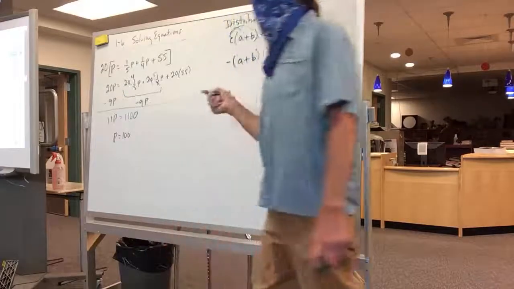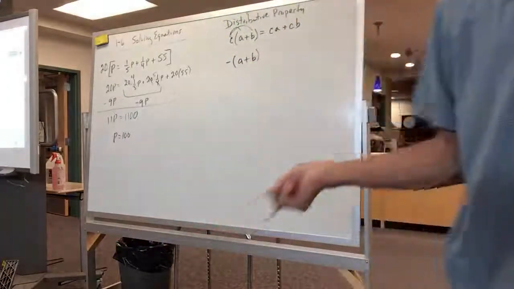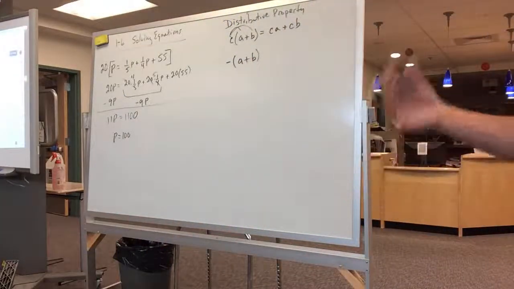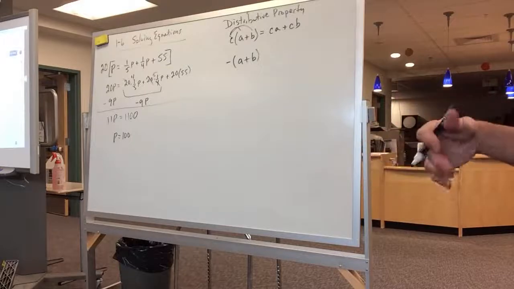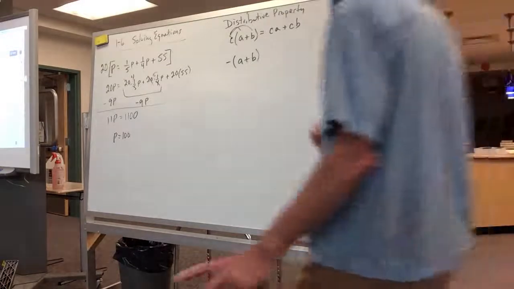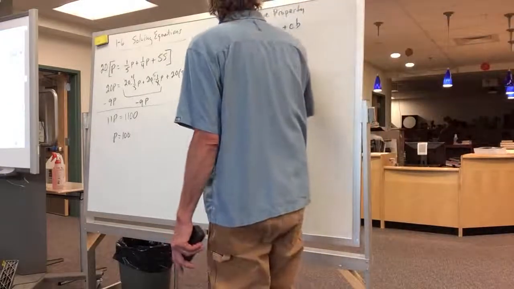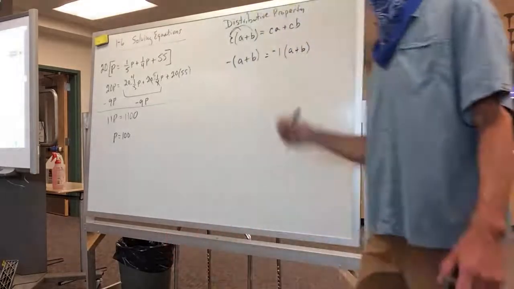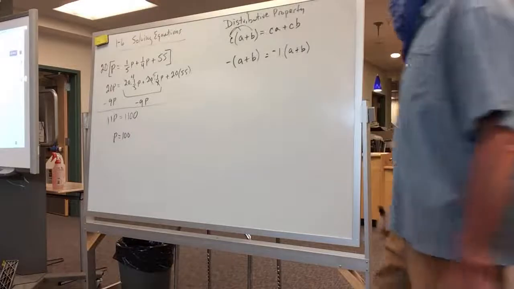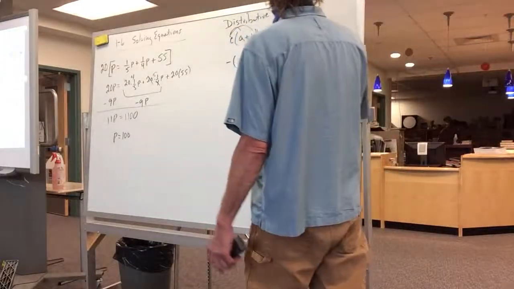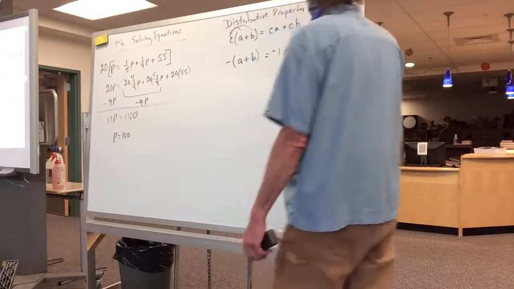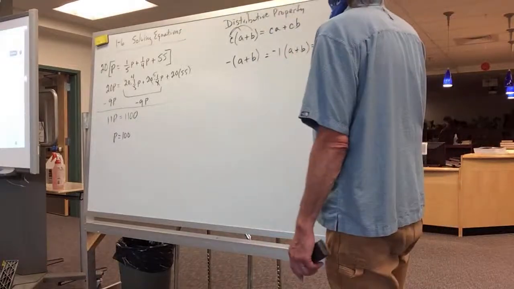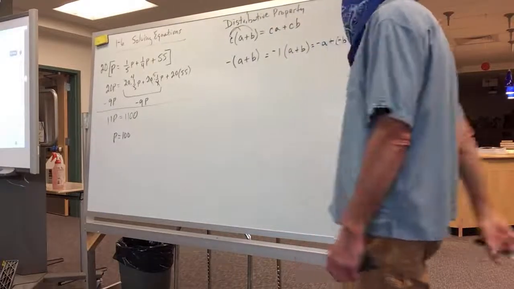If we have a sum of terms, and we think of that as being in parentheses, if we take the opposite of that value, that is the same as taking a -1 and distributing it across the sum. So then you get a -1a, or simply -a, plus -1b, which is -b.